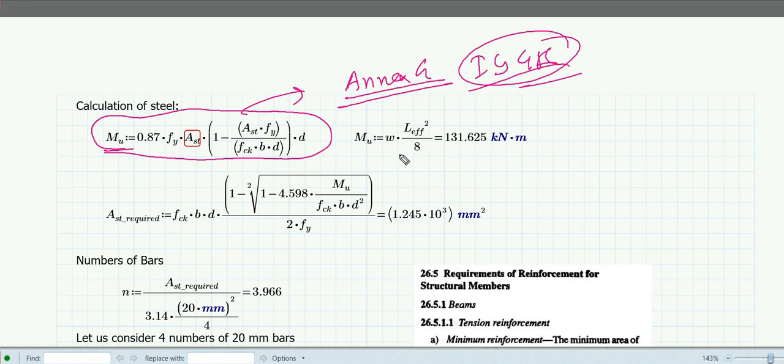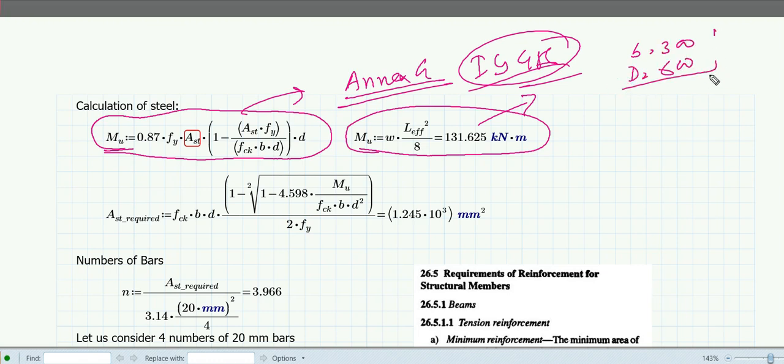So you already see that the Mu that we have assumed is 131.625. One thing that you can ask is that initially we had the dimension B as 300 and overall depth as 600 mm. Now we have changed it to B equal to 300 and D equal to 400 mm, right?